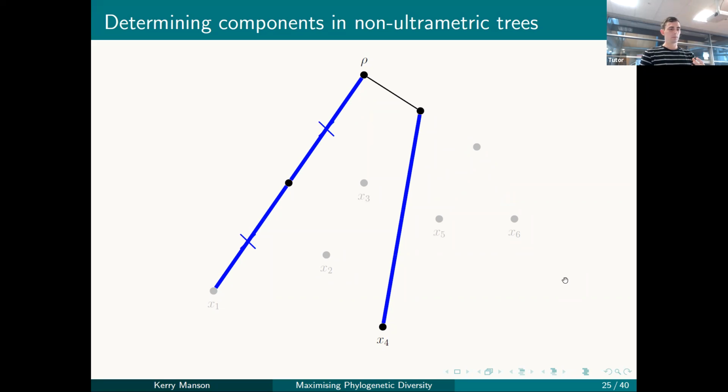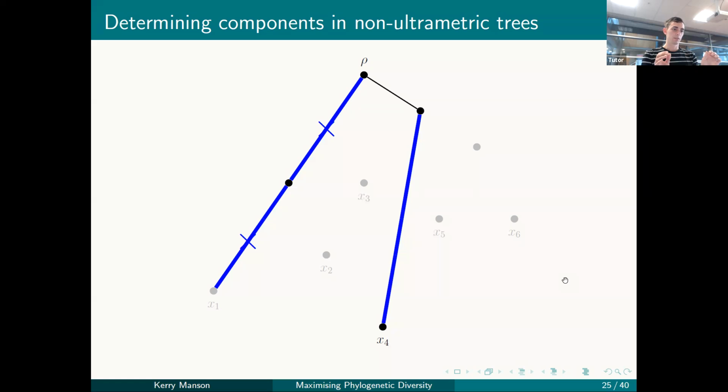This idea can also be used to calculate components on unrooted trees as well. So we choose the center of the longest path on the unrooted tree, and if need be, add a vertex at a distance so that it's in the midpoint of that longest path, and use that as a surrogate root vertex in a sense.